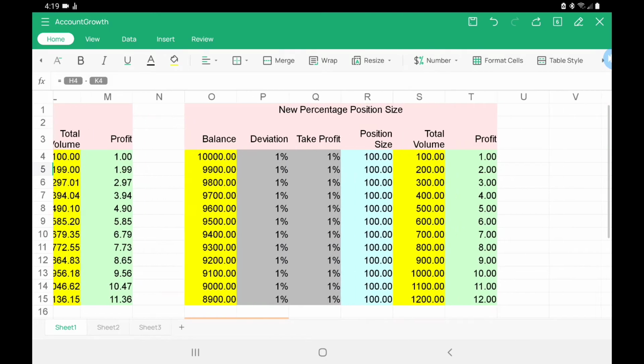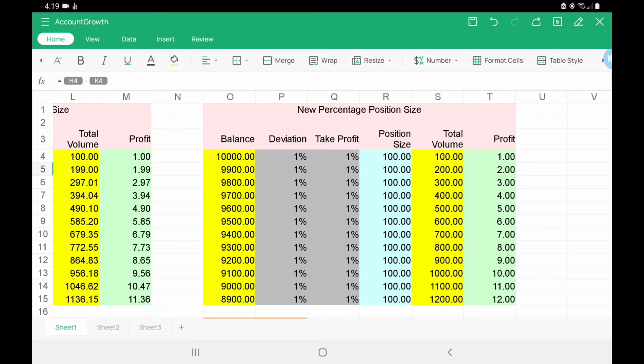So $11.36 to $12. So you can see the compounding is quite significant. It doesn't seem like it, but the longer this process runs, the more the compounding will have a huge impact.